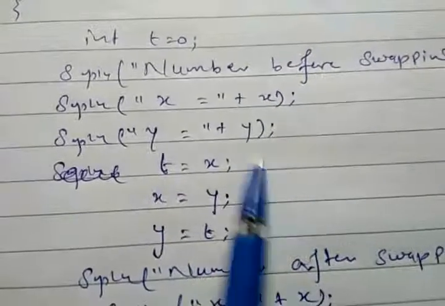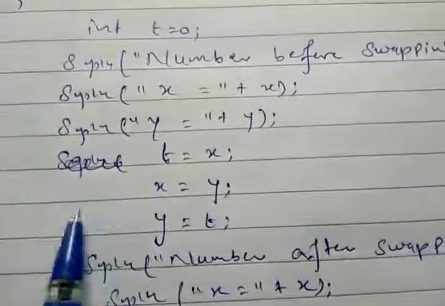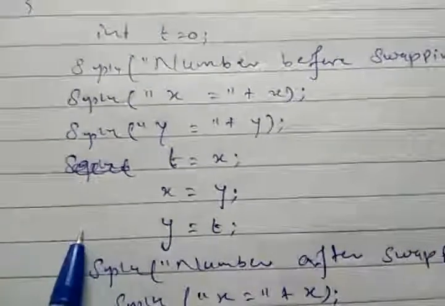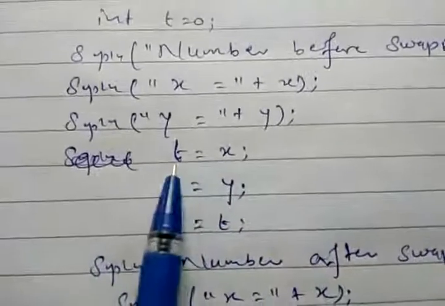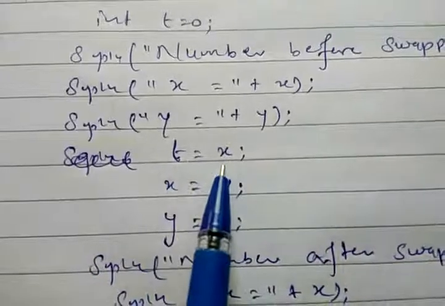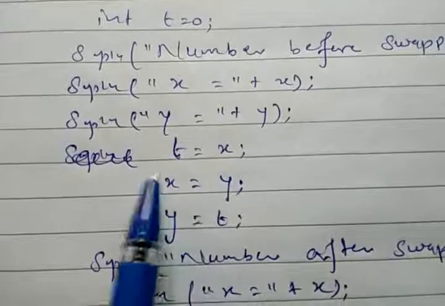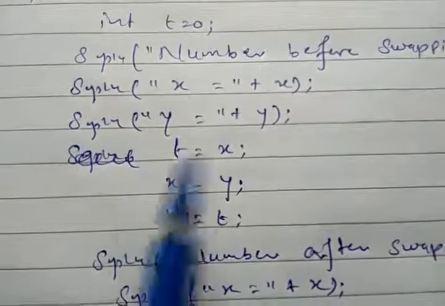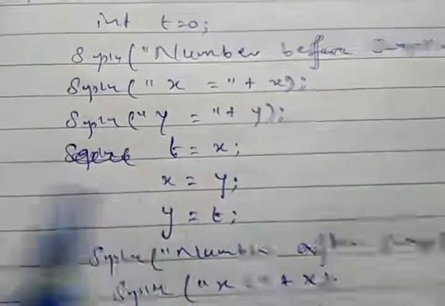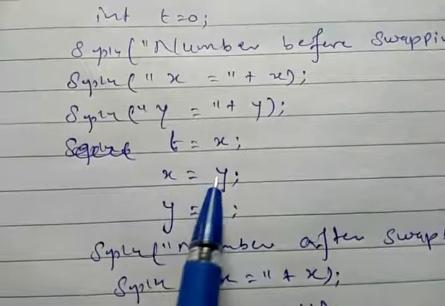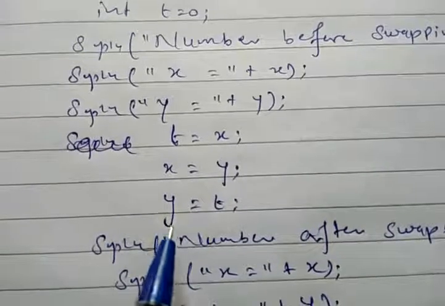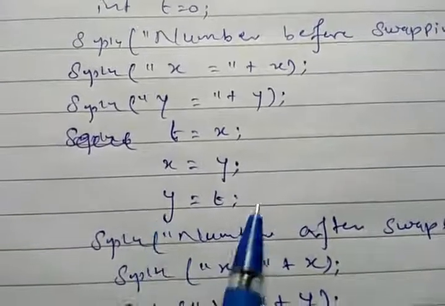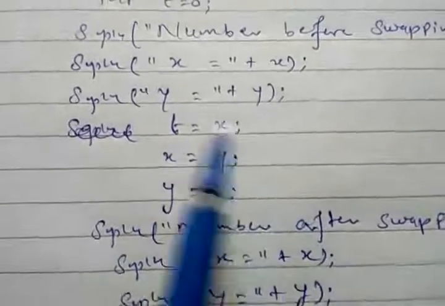And these three are the steps to swap the values of two integer variables. So t equals x, the value of x will be stored in the temporary variable, then in x we are storing the value of y, and in the third step in y we are storing the value of t, that is the original value of x.